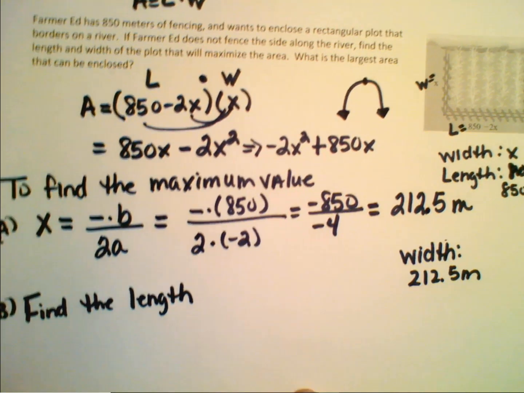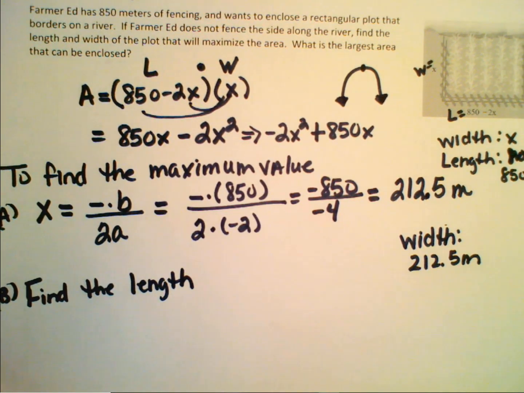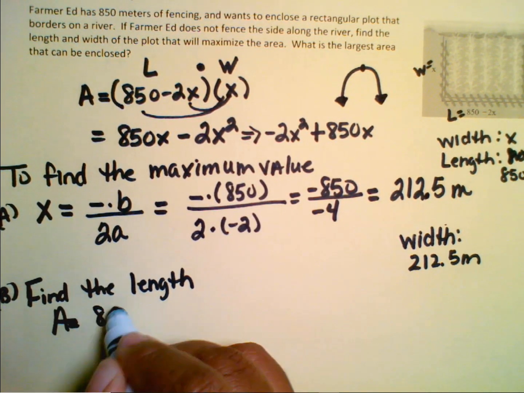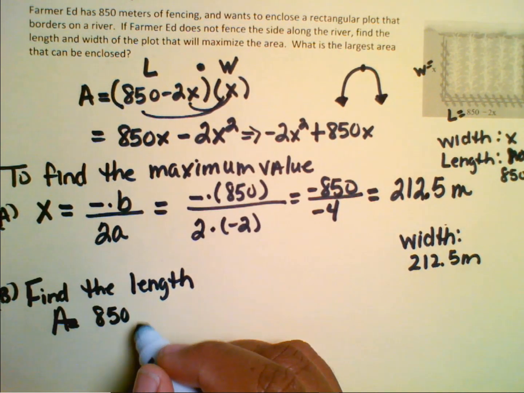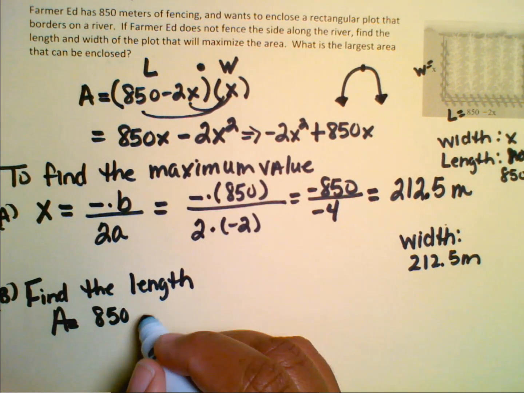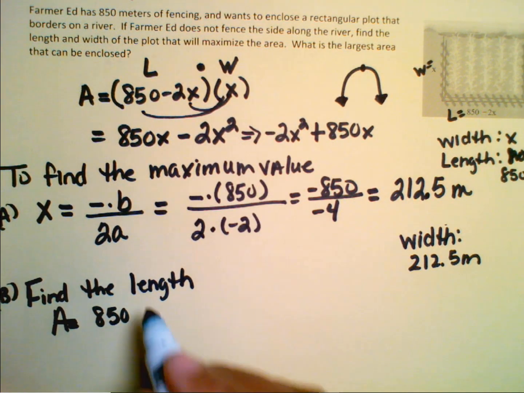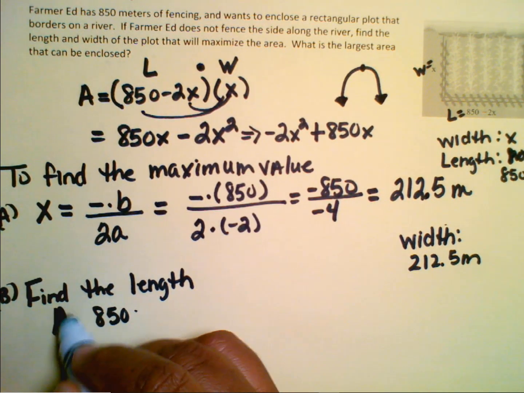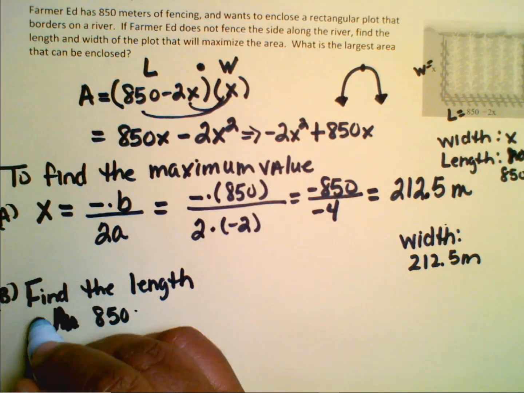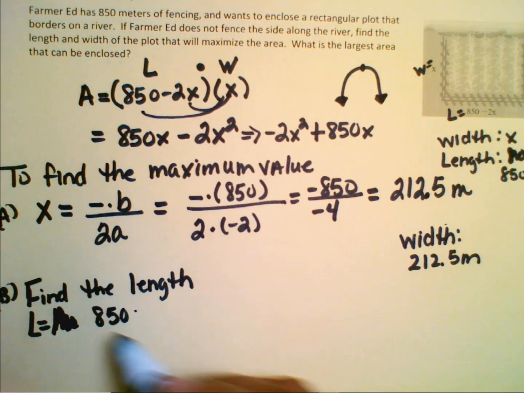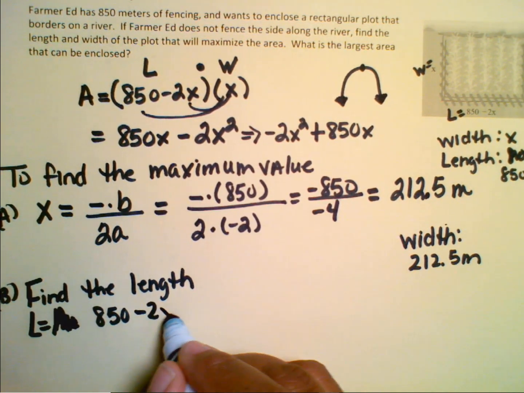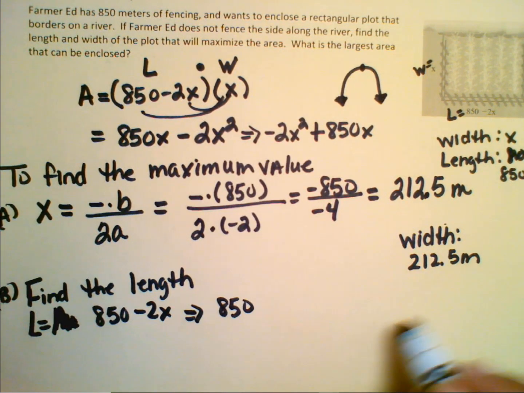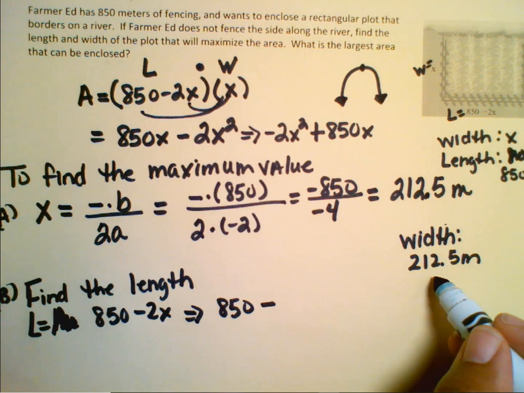We're going to go back to the formula for the length. We already defined the length as 850 minus 2x. Where we see x, we're going to plug in 212.5.